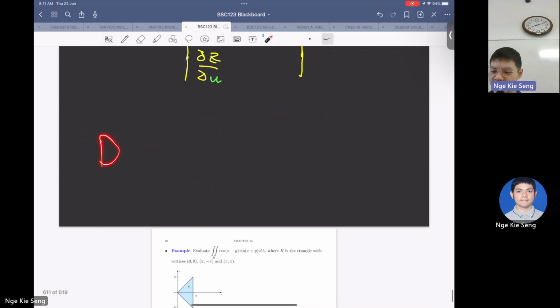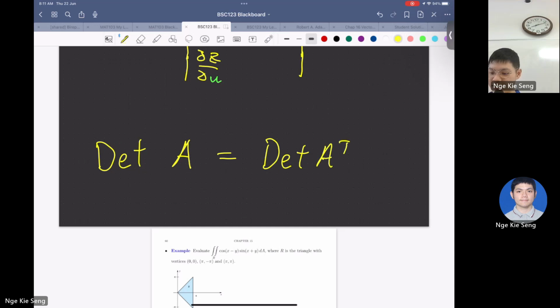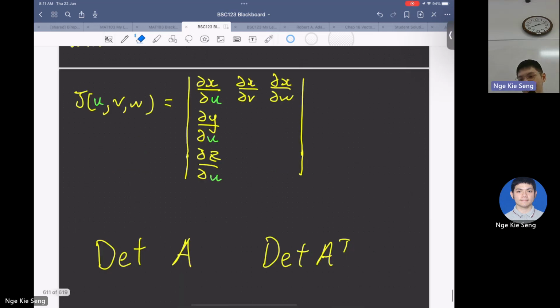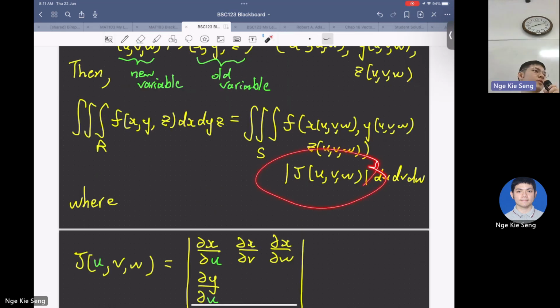What's the determinant of A and A transpose? How do you compare A and A transpose? Determinant of A is equal to determinant of A transpose. So if you transpose it, it's okay. How about exchanging rows? What happens to the determinant? It differs by a negative sign, but we take the absolute value of the Jacobian, so we remove the negativity.